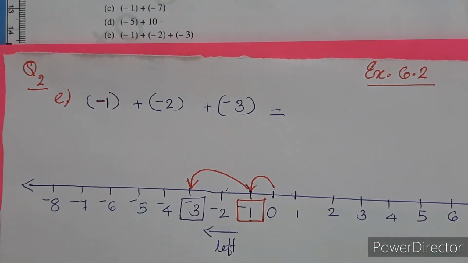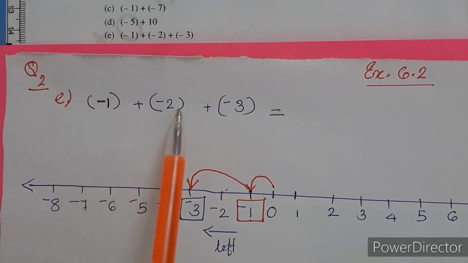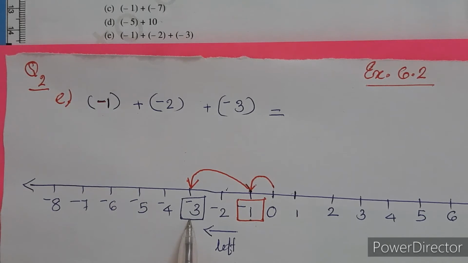Okay. So one more digit is left here. That is minus 3. Right. So we can add minus 3 to the sum of these two digits. Okay. The sum of the first two digits is minus 3. Already we got that. So we can reach minus 3.